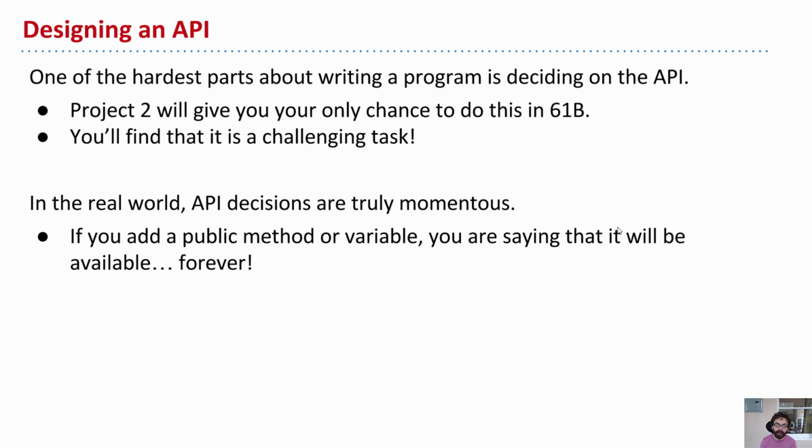There is, for example, in the Object class, a method called clone. I've never used clone. I honestly don't really know exactly what it does. It's a strange method, but it has to stay there. They can't just take out clone, because somewhere in some server that maybe is running a major piece of, I don't know, banking transaction, somewhere somebody has written code that uses clone. You can never, ever take it out.